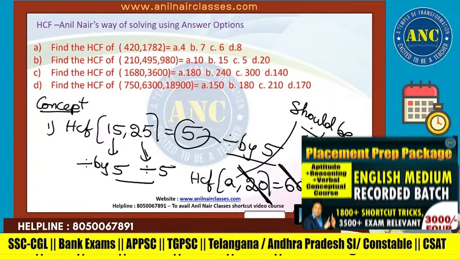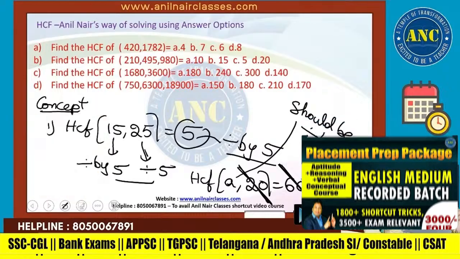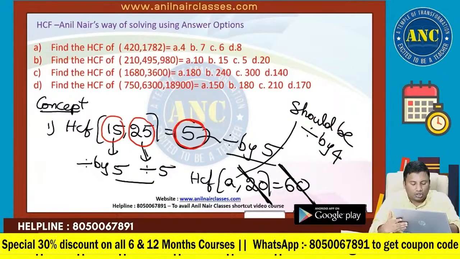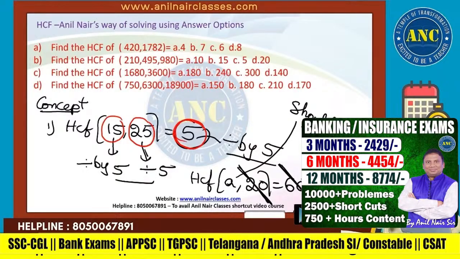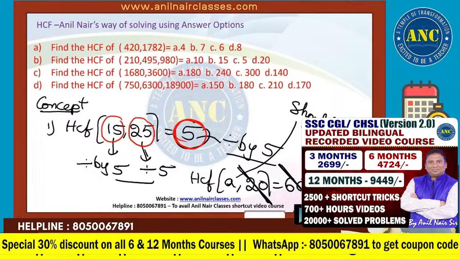HCF of 15 and 25 is 5. This is divisible by 5, this is divisible by 5, so the answer should be divisible by 5. If two given inputs are divisible by some number, the answer should also be divisible by that number.